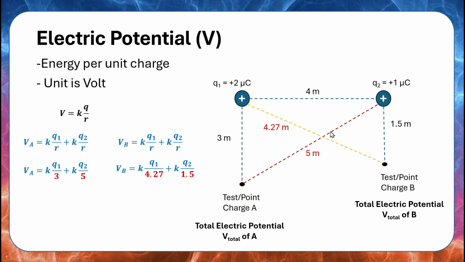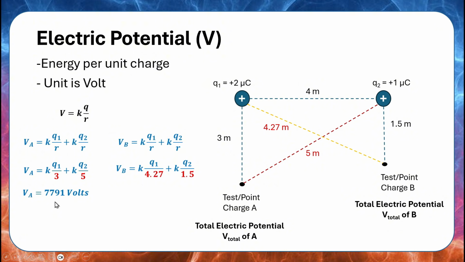Now, let's solve the electric potential for each test charge. So let's start with A. Of course, if we put all the numbers here, the value of k and the value of Q1 and Q2, if we perform all the solutions, we can get the answer as 7,791 volts.